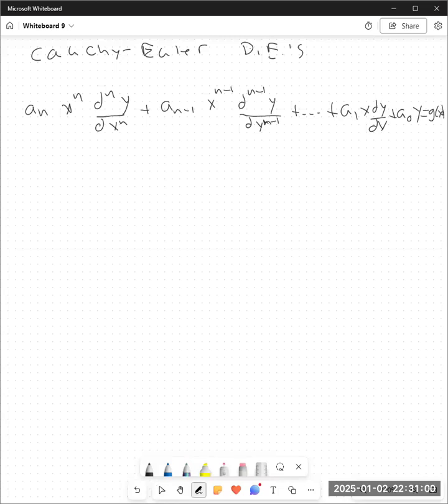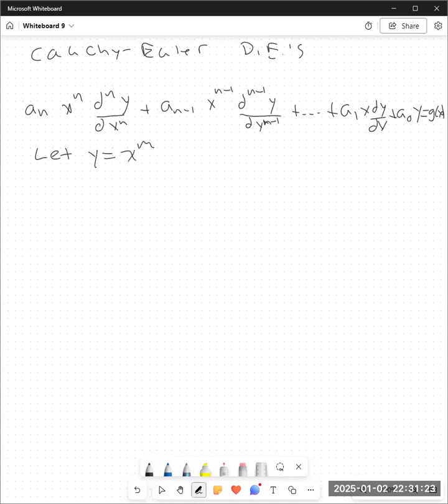And we can transform this into a model that's very similar to what we did earlier in chapter 4 with a substitution. We're going to let y be equal to x to the m.